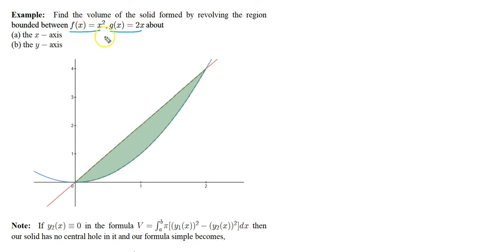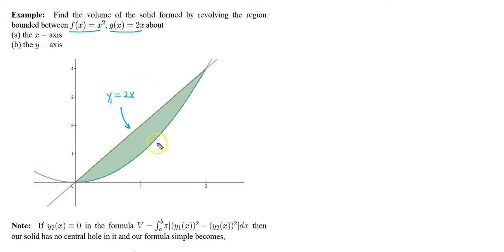So first of all, let's graph these two functions. Now down here we have the graphs. So here is the graph for the first one, which is g equals 2x. Now I'm going to call that one y1 equals 2x because of the notation that we had used previously.